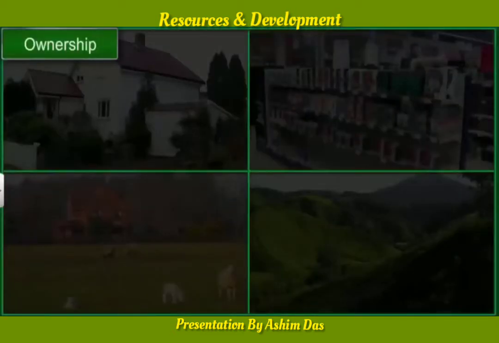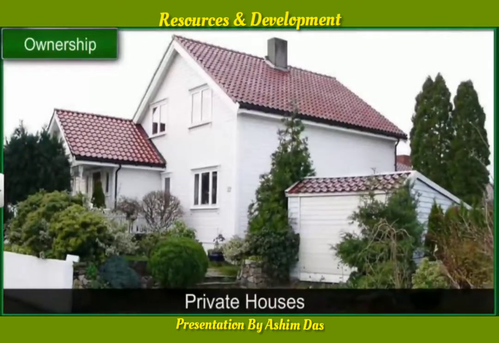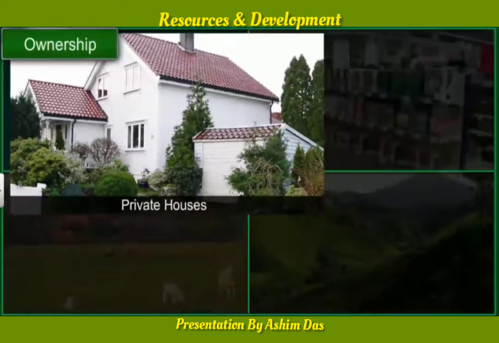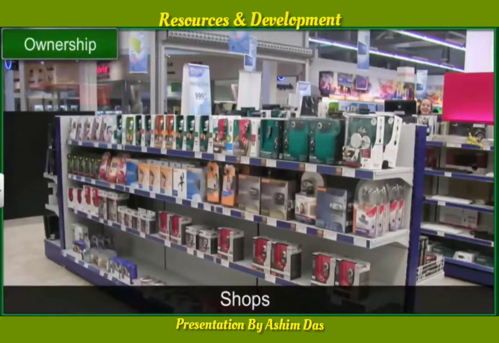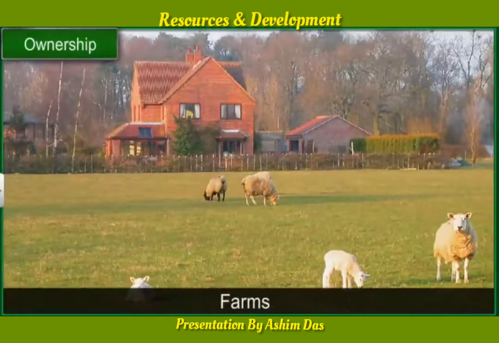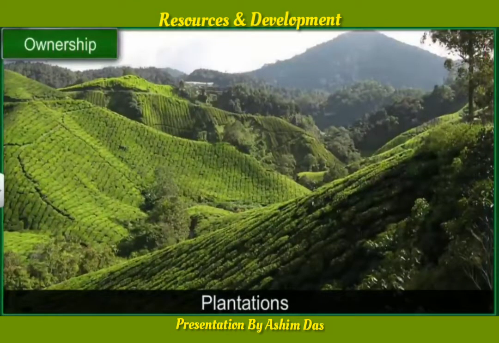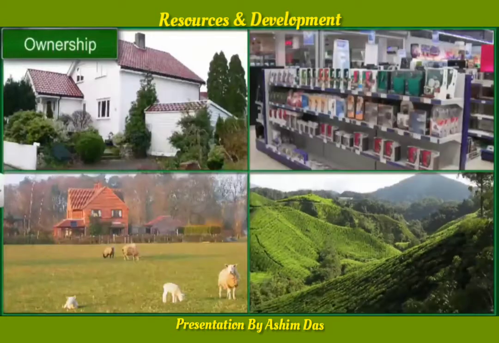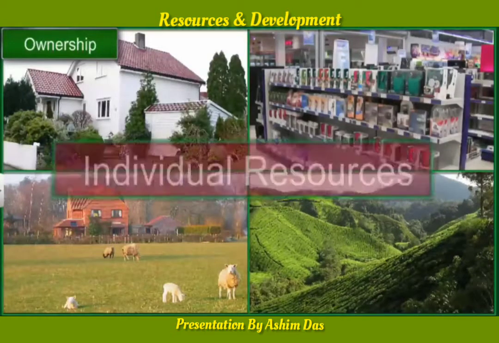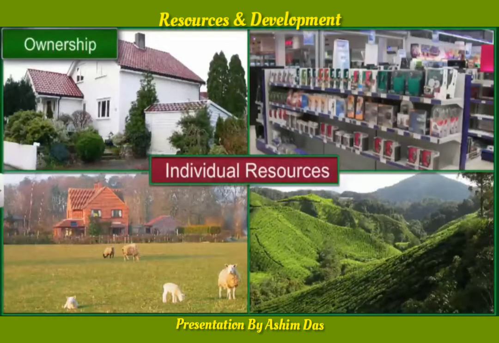Resources can be owned by a person, a group of persons, a country, or the entire world. Resources like private houses, shops, farms, and plantations are owned by individual persons and are called individual resources.